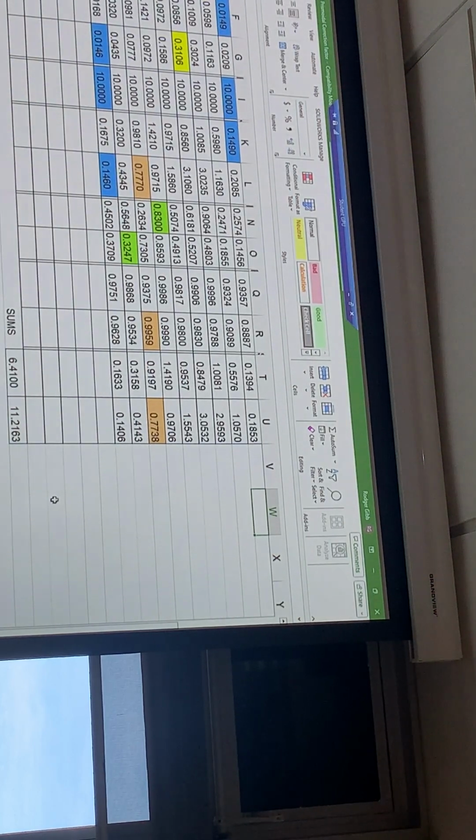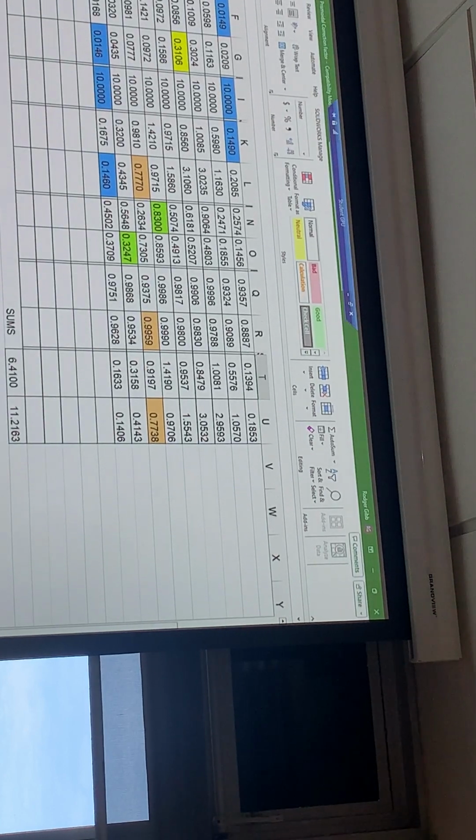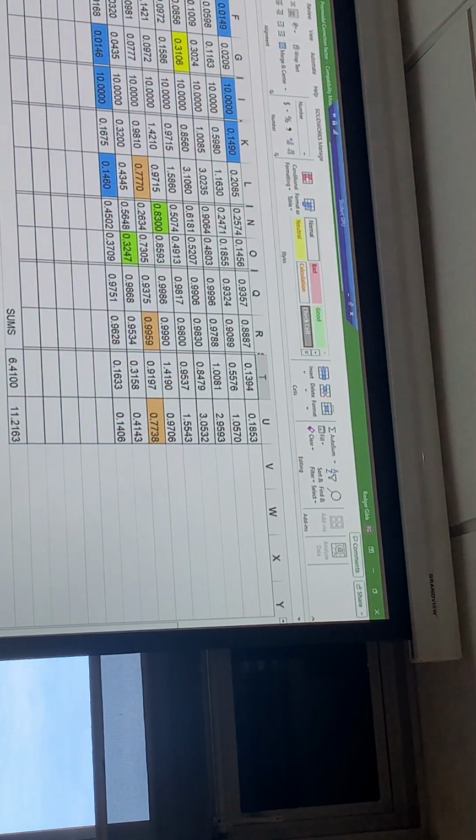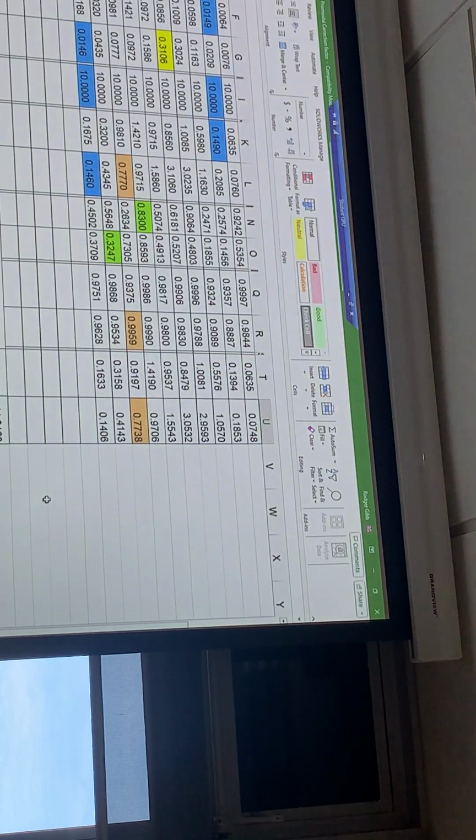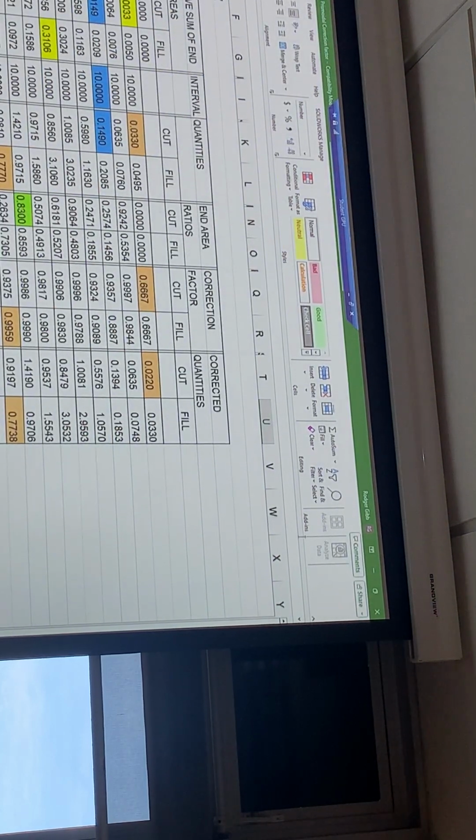If it says negative 4.86 fill, that would be a cut, because it doesn't have the ability to change that text. Okay? So it's either going to be a negative number there or a positive number. A negative number will be cut, and you can see which one's the greatest anyway. Obviously, this one's the greatest, which is fill.